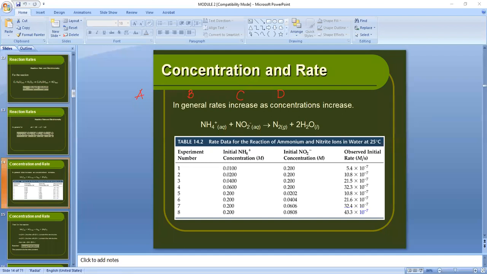So you could see that as we increase the initial concentration of ammonium, there's a corresponding observed increase in the rate of reaction, keeping the concentration of B constant. Again, if I increase the concentration of A, keeping the concentration of B constant, there's an observed increase in the rate of reaction, as you can see here.